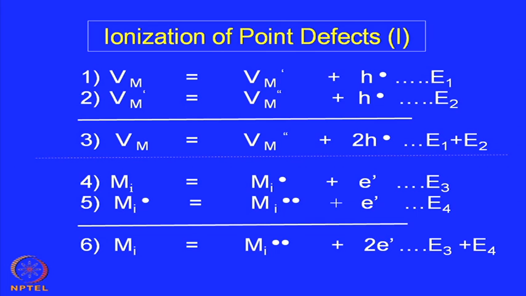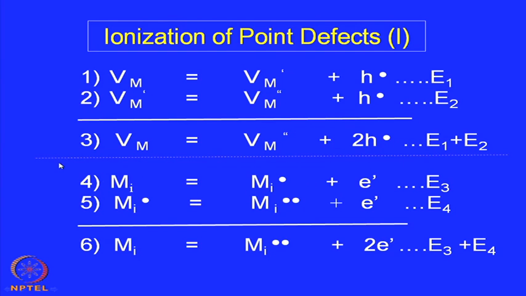That is what has been shown there, that ionization can take place in a stepwise fashion, and each involves a certain amount of energy. For this reaction the ionization energy is this one, and for the next step E2, and the overall energy is the summation of these two, E1 plus E2.